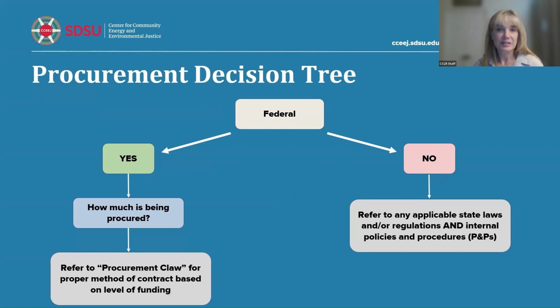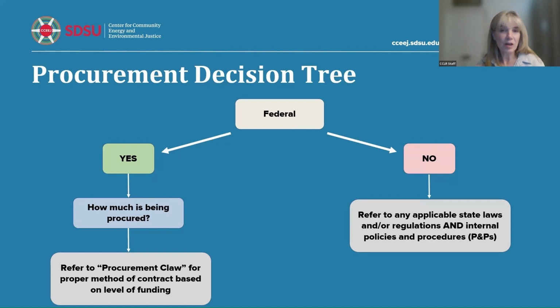If it's not federal, then you need to refer to any applicable state or local laws and regulations, as well as your own internal policies and procedures. More on that later. If they are federal funds, then how much is being procured? That's your next question, because the answer to that will determine what method of contract is used, okay?